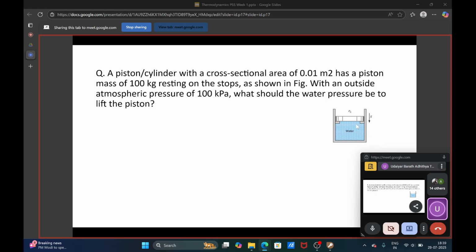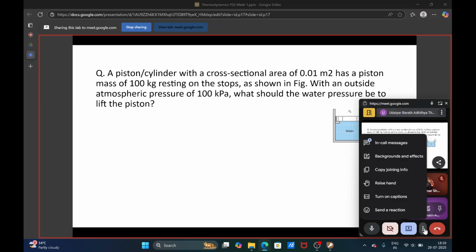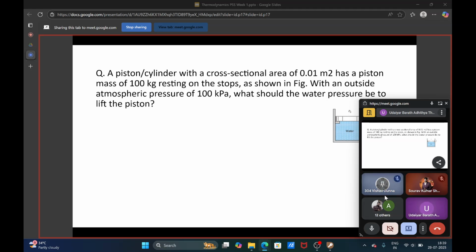Do you think the force which you have to apply to lift this piston will vary if I replace water with compressed air? Yes? Sorry, I didn't get you.